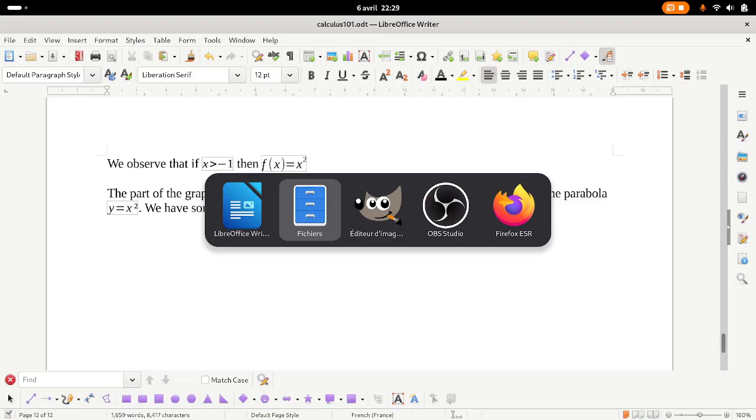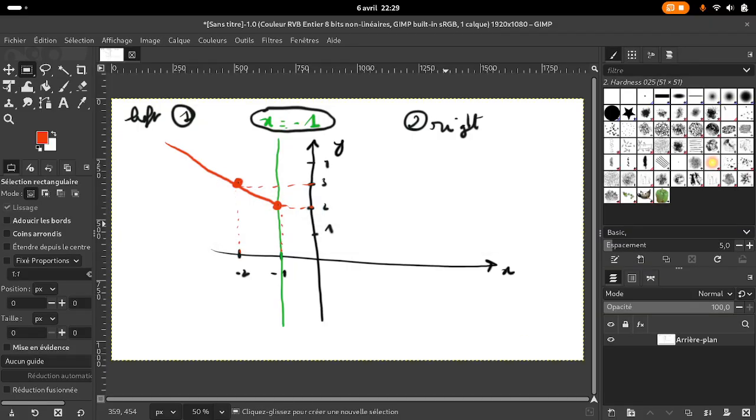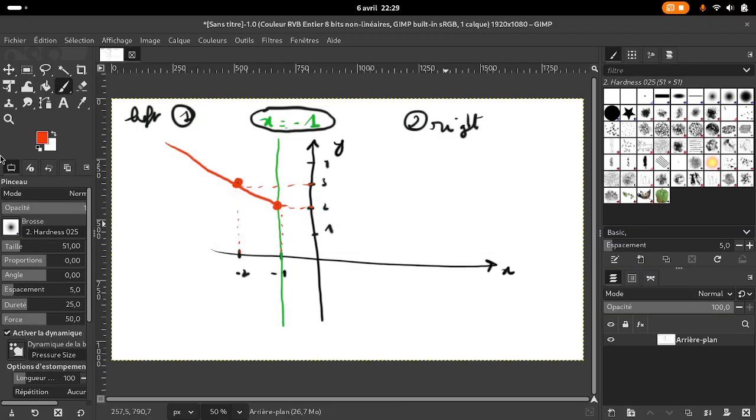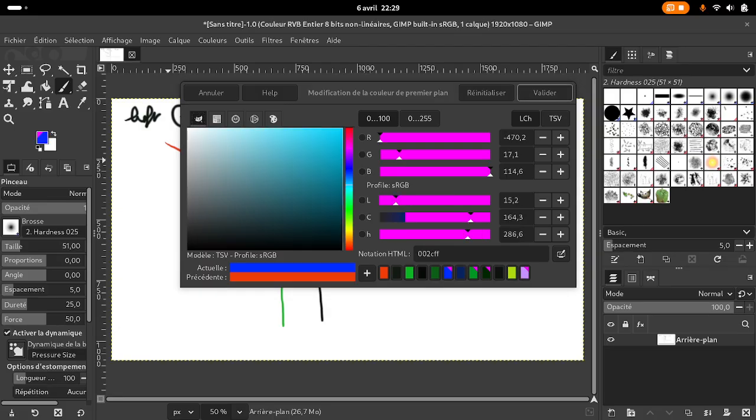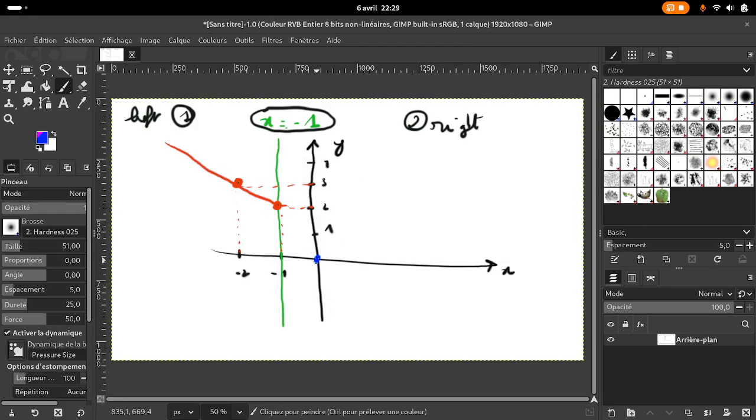Okay, I will draw it in blue. I have 3 points. I will try to draw the parabola. First point, 1, 2, 1, 2, 3, 4. Parabola. Our parabola is like here, something like that. Up, yes.